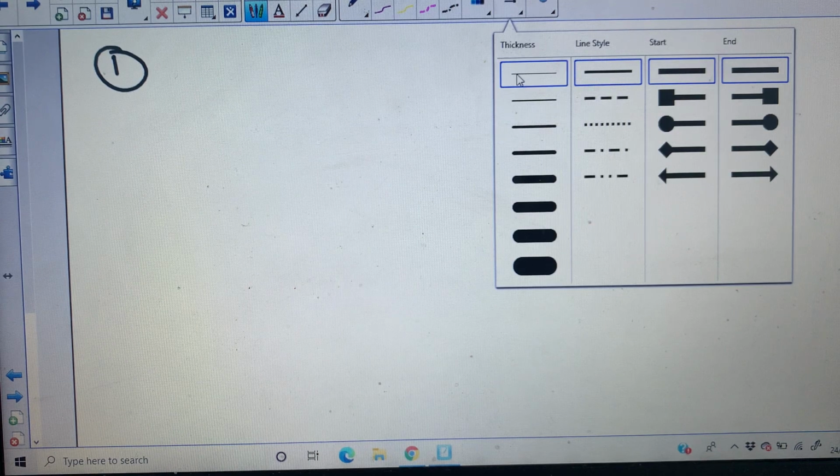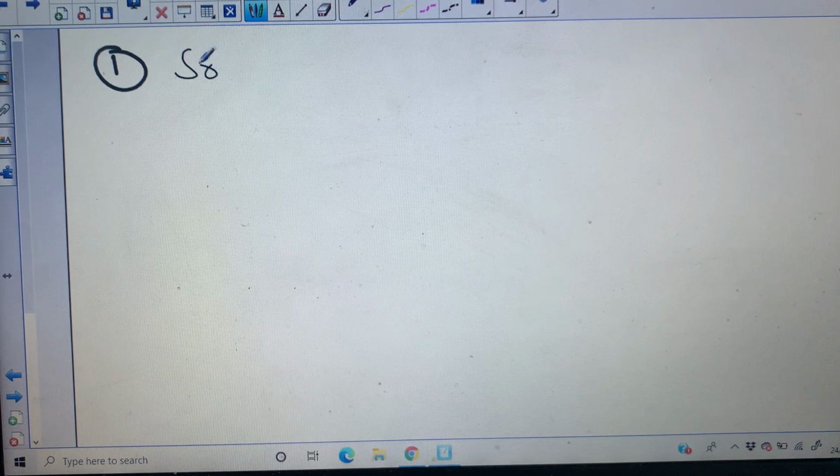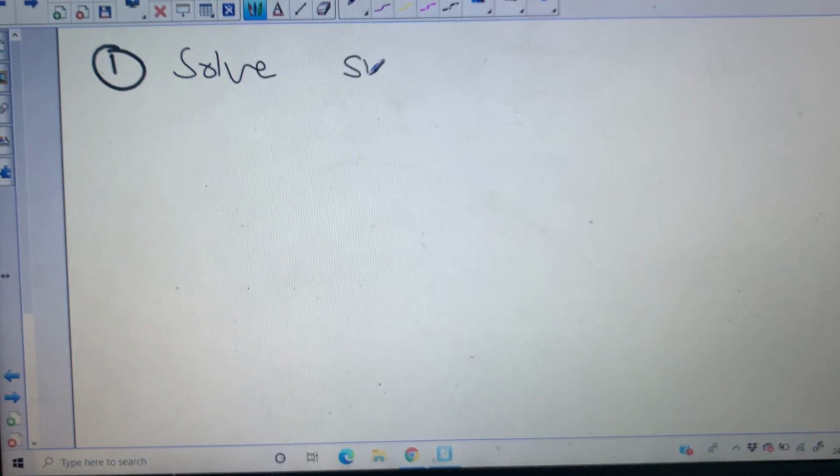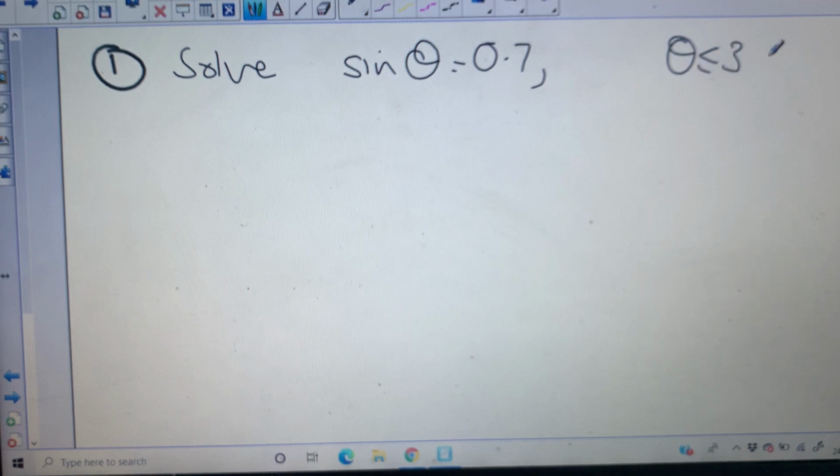So our first example, example 1: we're going to solve the sine of theta is 0.7. And this time, I want to change the range. I'm so stuck in the 0 to 360 range.